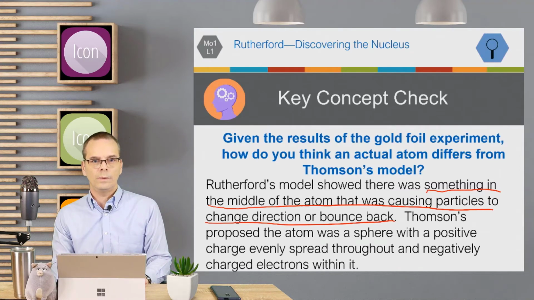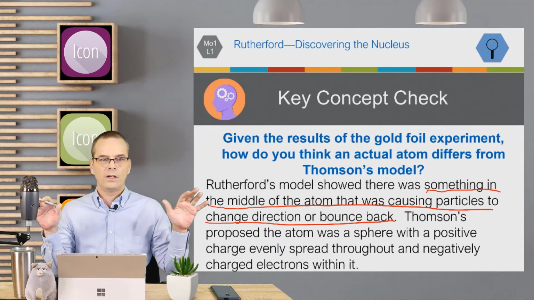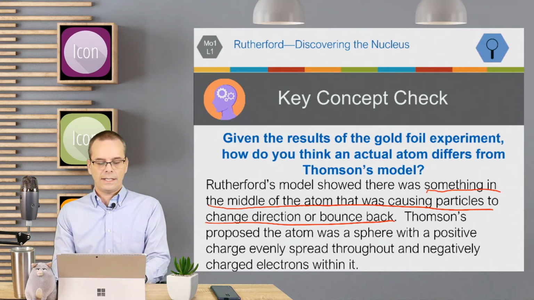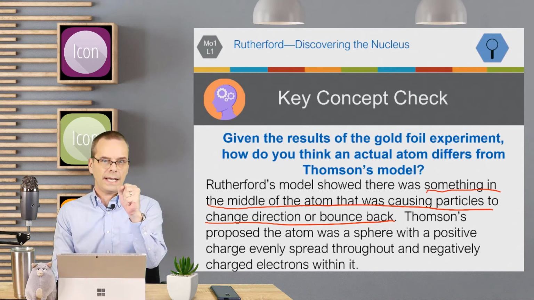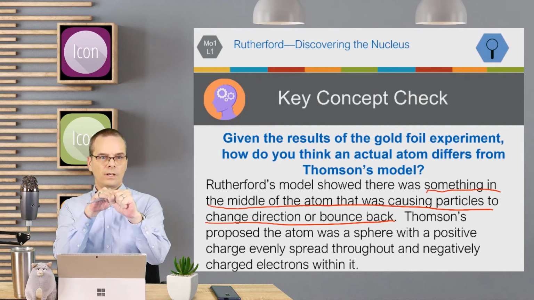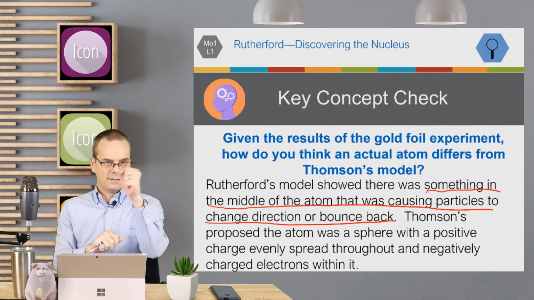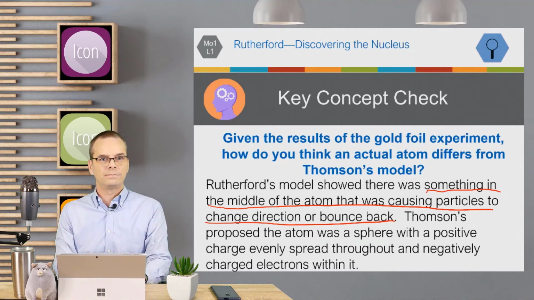Thompson said it was just a sphere with the positive charge evenly spread throughout and negatively charged electrons within. So there was something in that atom, according to Rutherford, that was blocking the alpha beam or making it divert. So what was that inside the atom?